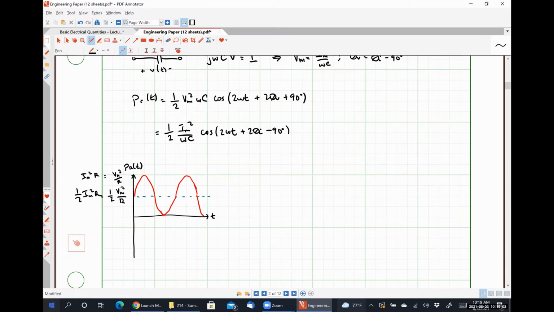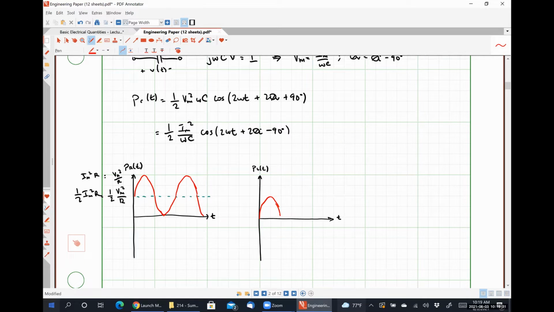Okay. For an inductor, and I'm playing kind of fast and loose with the phase angles here, just to illustrate some stuff. Here's t. Here is PL. We should observe that the inductor behaves approximately like this.